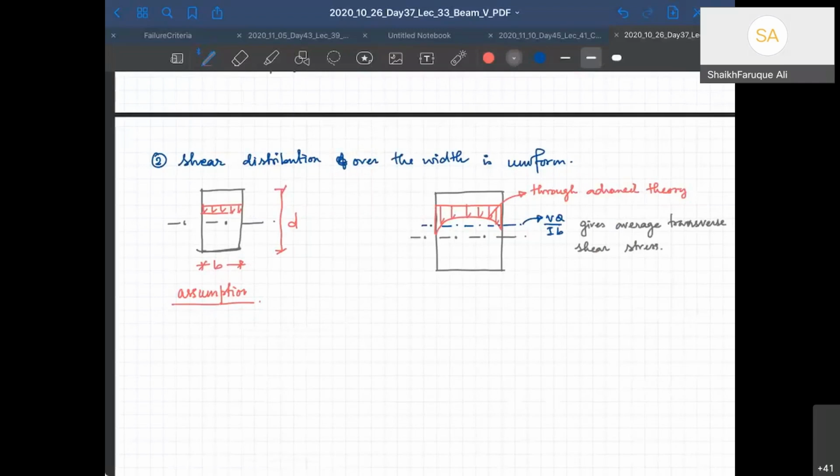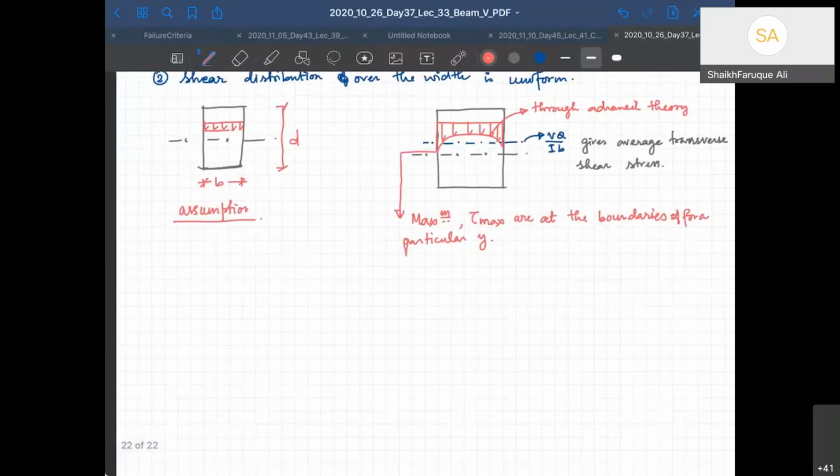Now consider the change in value between this average and the max. Let's say this is your max value, which we call tau max, at the boundaries for a particular y.